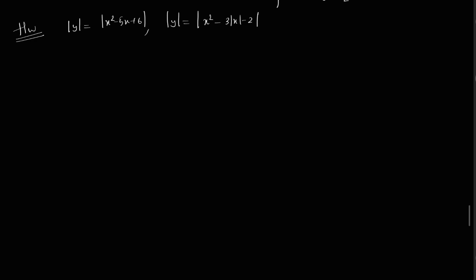Mod y equals mod of x square minus 5x plus 6 you can draw. Mod y equals mod of x square minus 3 mod x minus 2 you can draw. Okay, these are homeworks. Mod y equals mod of x square minus 5x plus 6, mod y equals mod of x square minus 3 mod x minus 2.